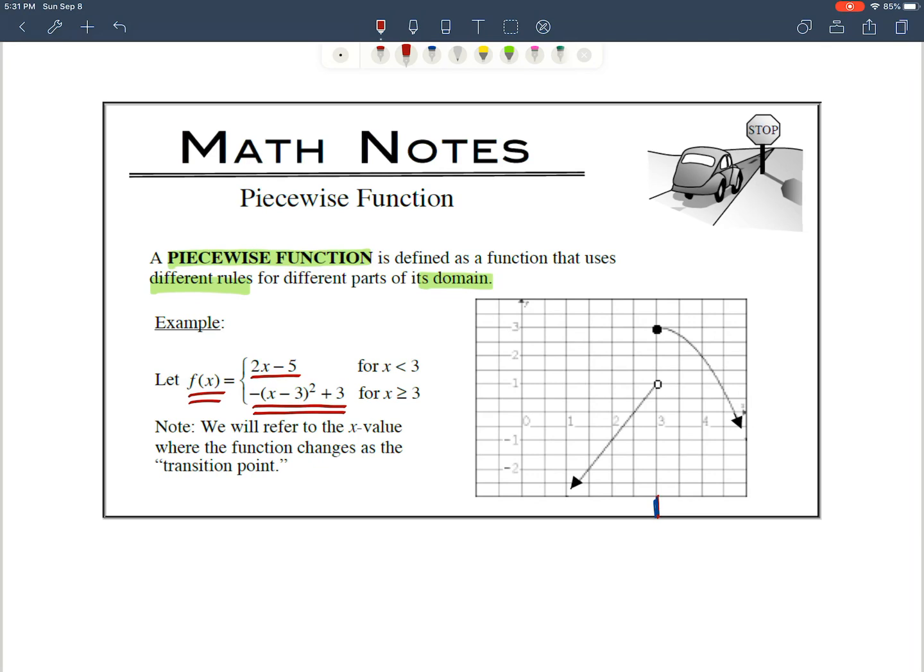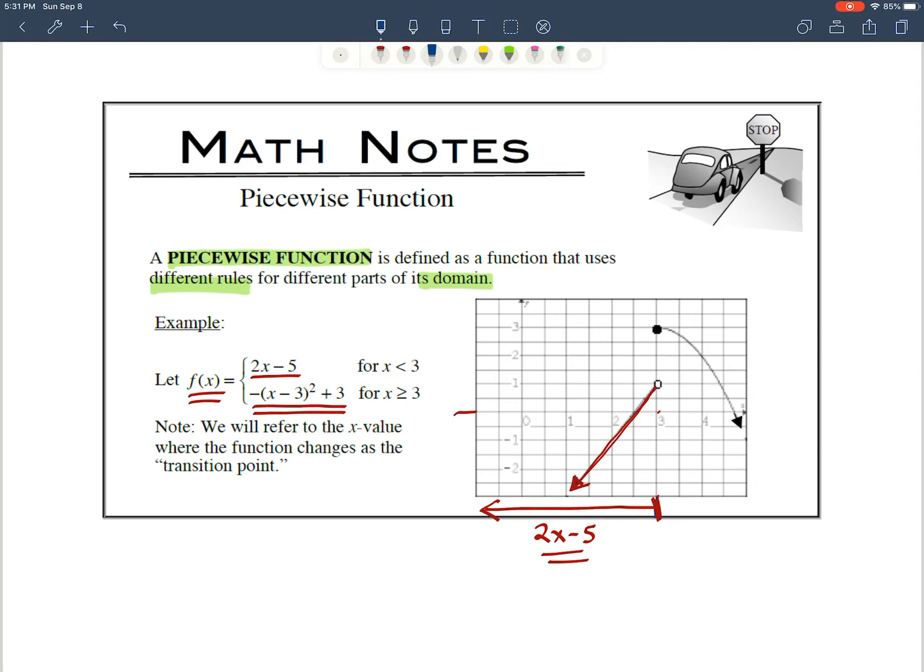So thinking about your x-axis here, here is where 3 is. For everything less than 3, when we plug in those input values, we're going to plug them into that rule 2x minus 5. And that's where you see this line that is formed here. All these are the output values that follow this 2x minus 5 rule.